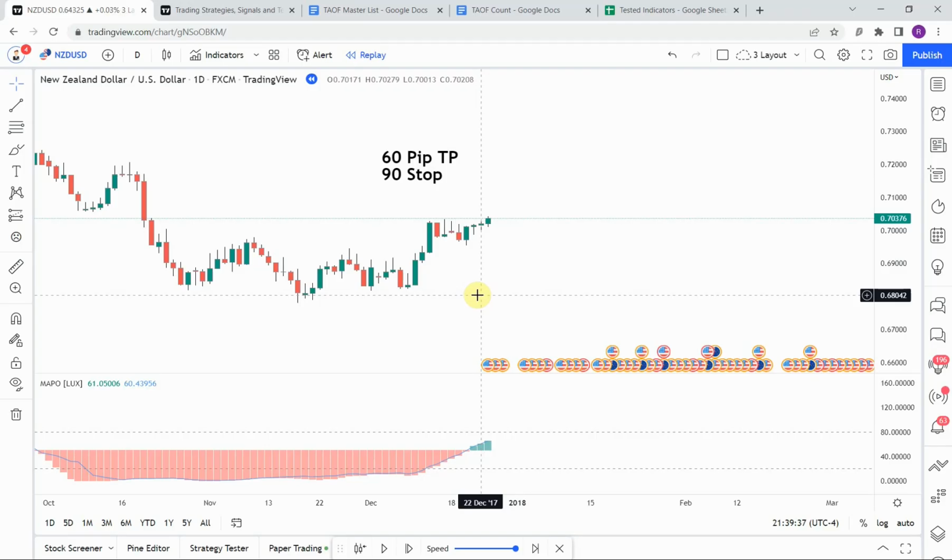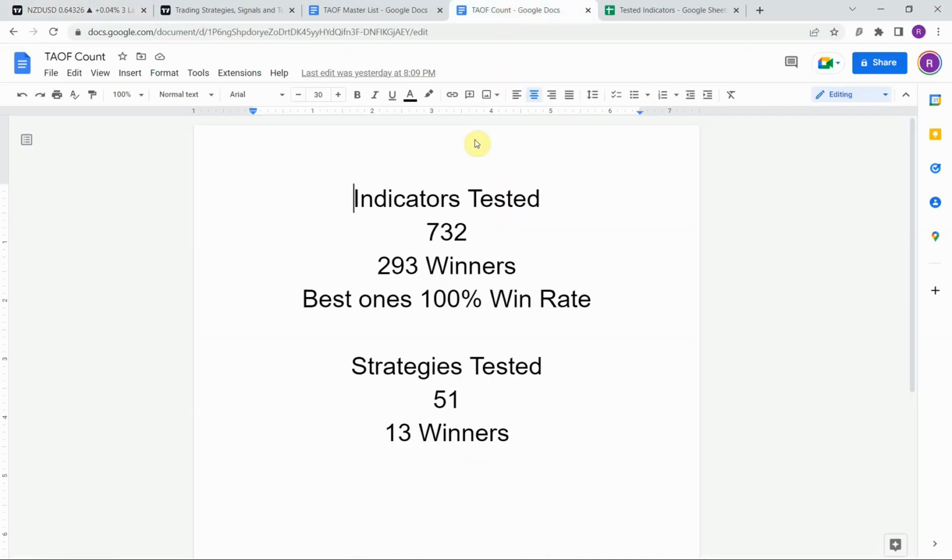Alright, as I said, today we will be testing the moving average proximity oscillator. Before we do though, I wanted to put the testing scoreboard up for everyone to see. So to date, we have tested a total of 51 different strategies, with 13 of them being profitable. We've also tested a total of 732 indicators, with 293 of them being winners.